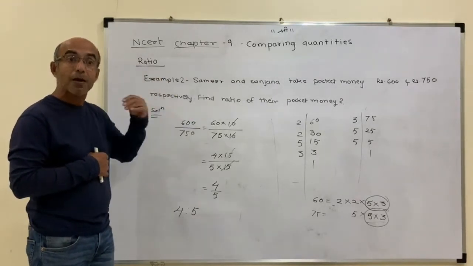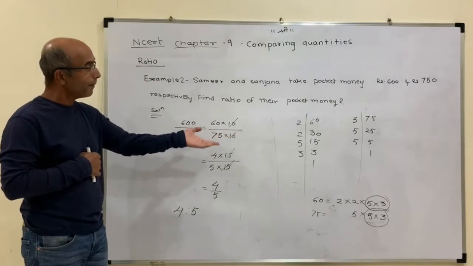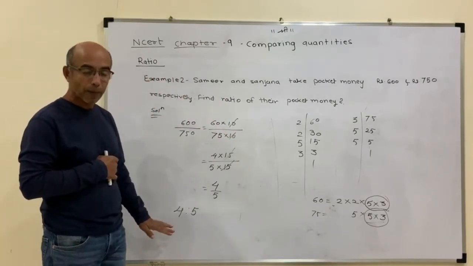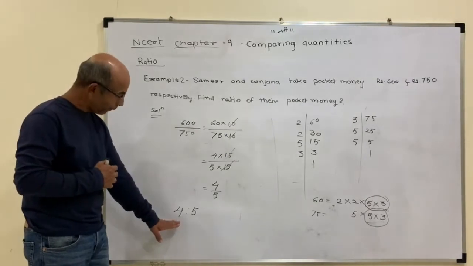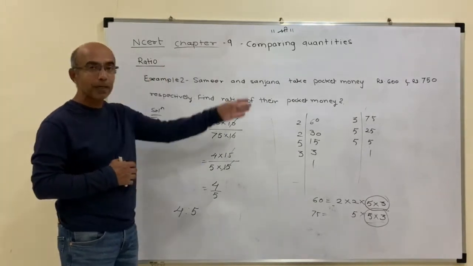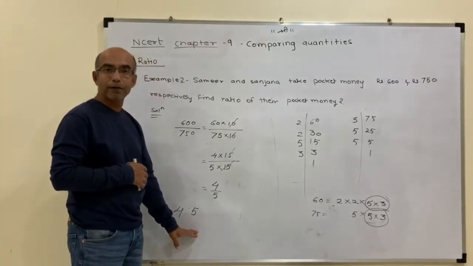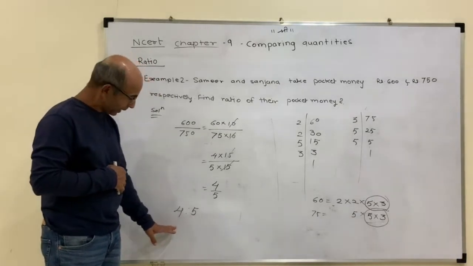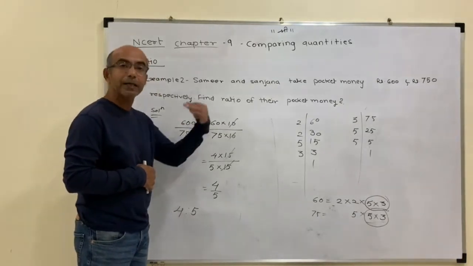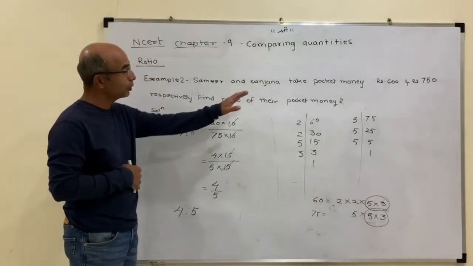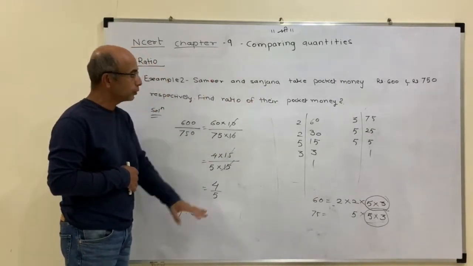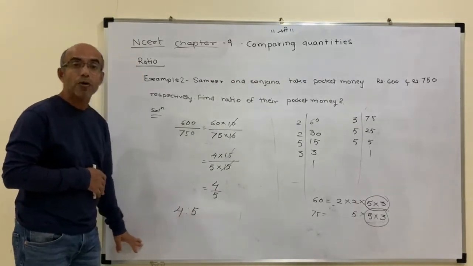By 5 rupees. So if Samir's pocket money becomes 604 by increasing by 4 rupees, Sanjana's pocket money will be 755. If I increase by 3 times, then I have to increase it by 3 times. So the ratio of the pocket money of these two is 4 as to 5.